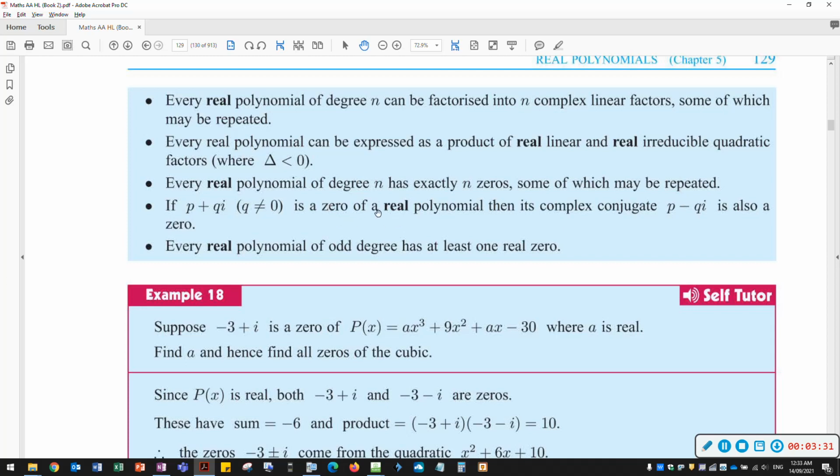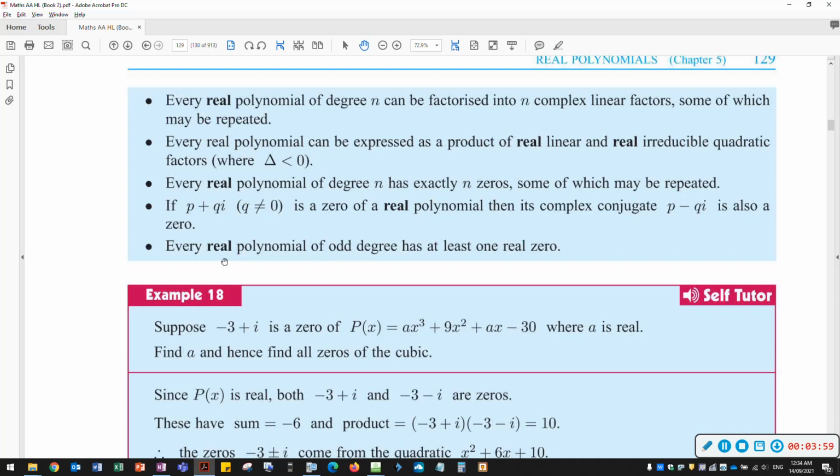Okay, so if that's a 0 of a real polynomial, then its complex conjugate p minus qi is also a 0. Why do they bold the word real? It means you're only solving polynomials where the coefficients are real. Okay, so if the coefficients were complex or have an imaginary part, this theorem doesn't work. We're going to go through a couple of examples in a moment just to highlight this.